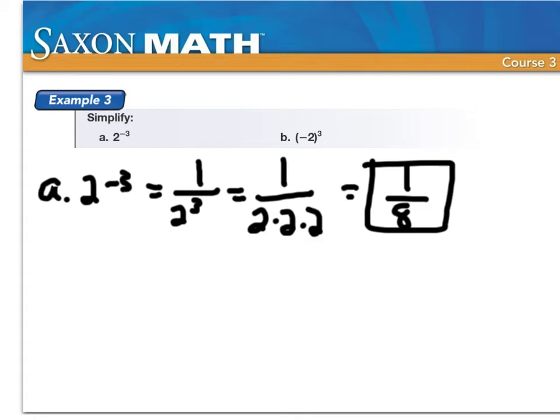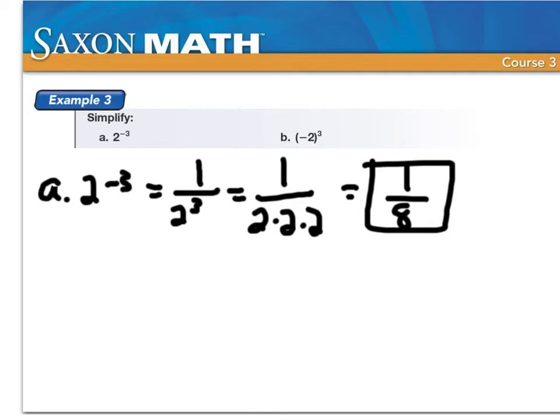Okay, so this is all the way simplified. Notice I didn't leave it with the exponents because it says to simplify. Now sometimes it might tell you to rewrite with positive exponents. If it says to rewrite with positive exponents, this would be my answer because I've got positive exponents now. But when it says simplify, I want to break it all the way down here.